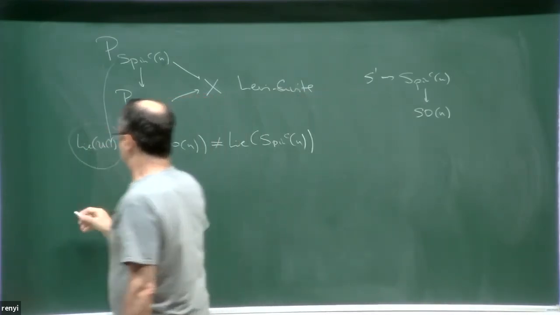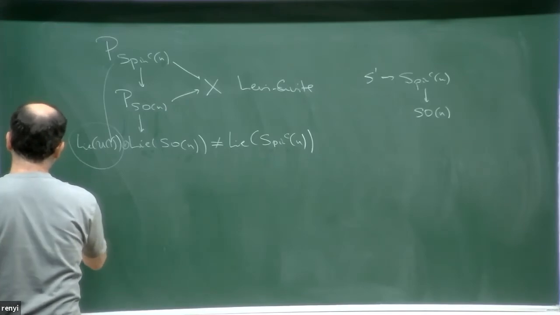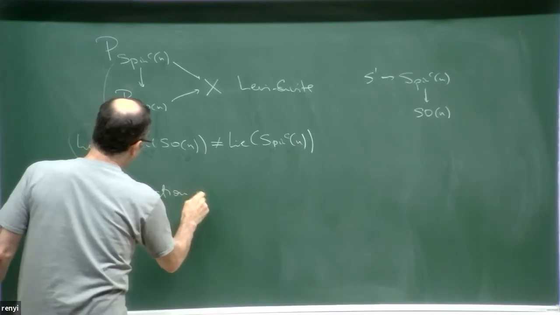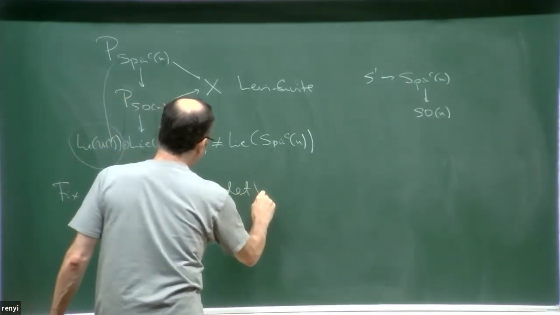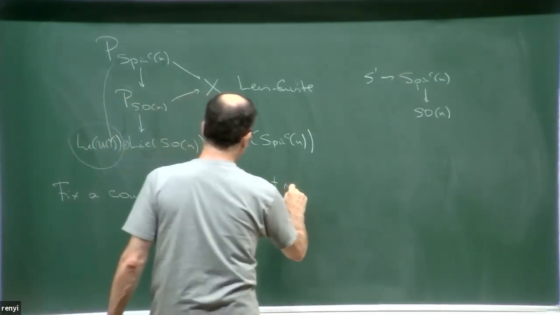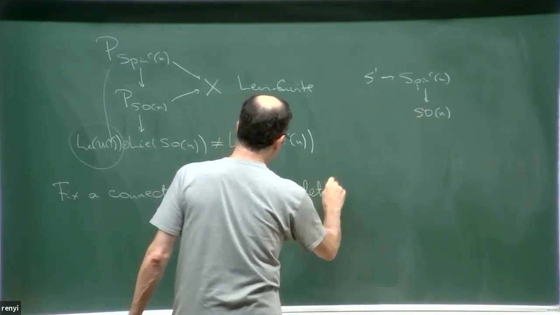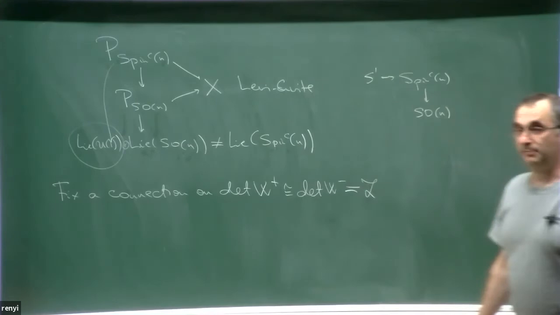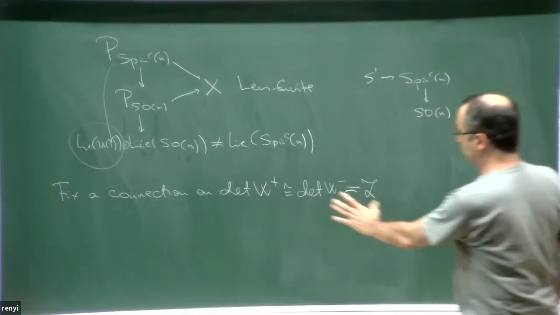Well, fix a connection on the determinant line bundle of W plus, which is the same as the determinant line bundle of W minus. And from now on, I will denote it by L. So fix a connection there.